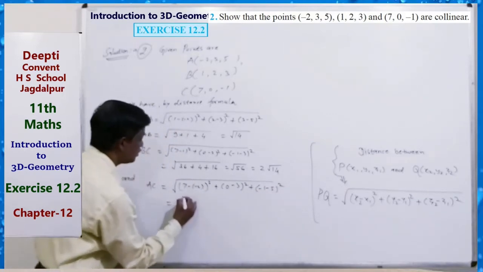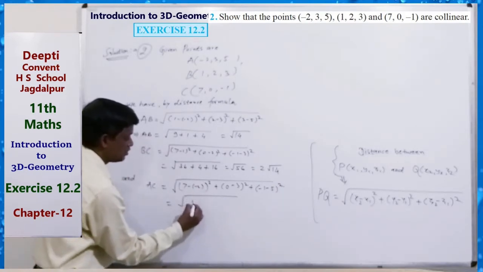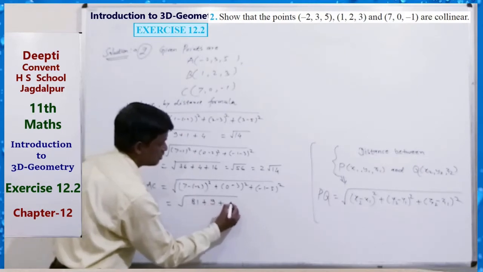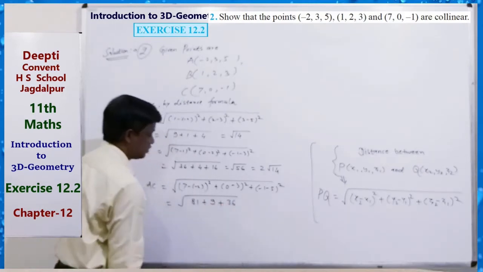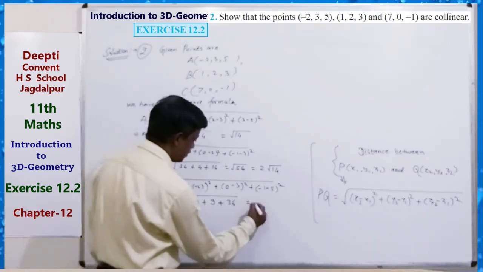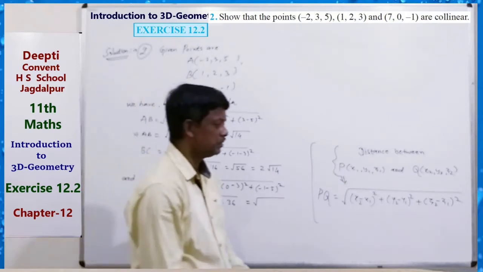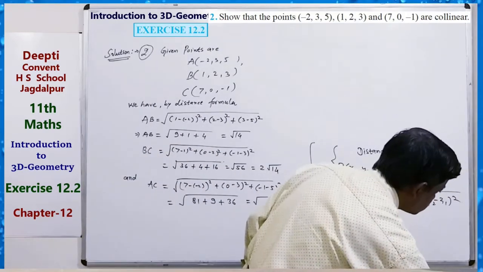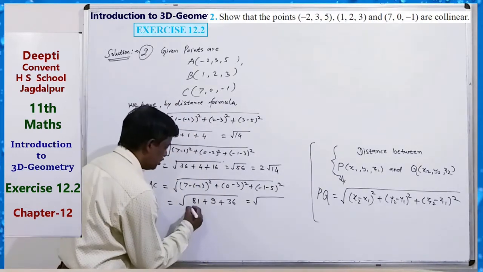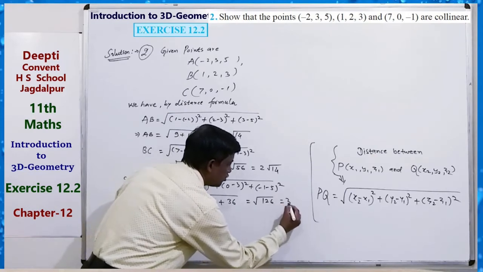This is 7 plus 2, 9, so 81, plus 9, plus 36. So this equals 126, which is 3 root 14.